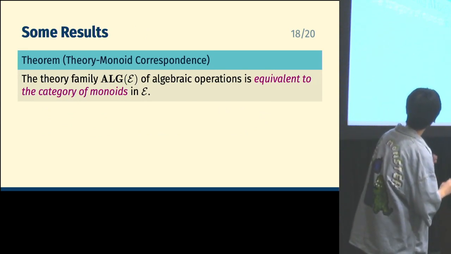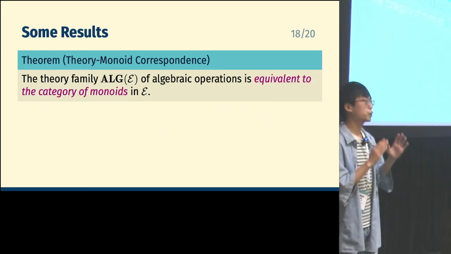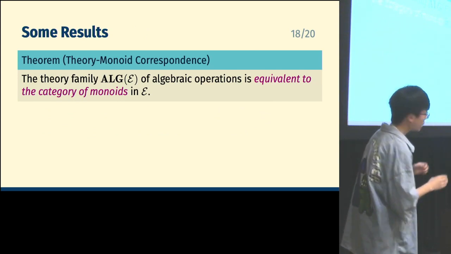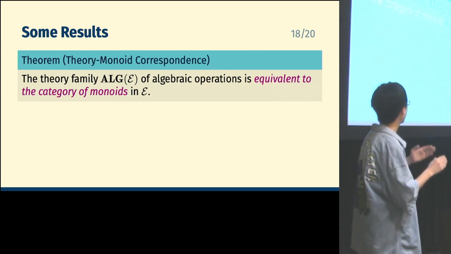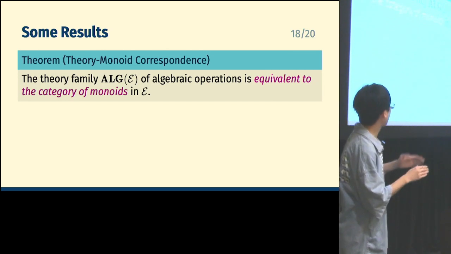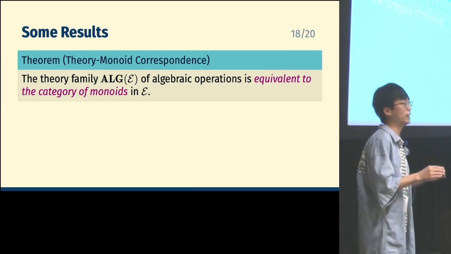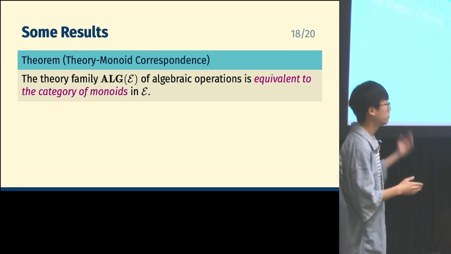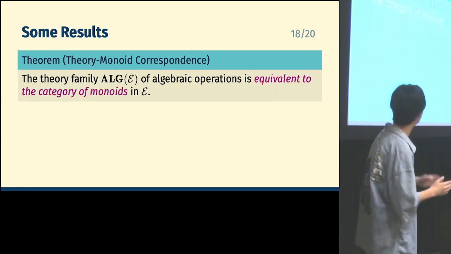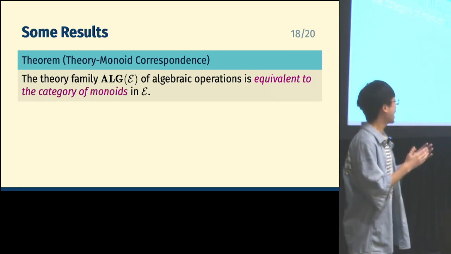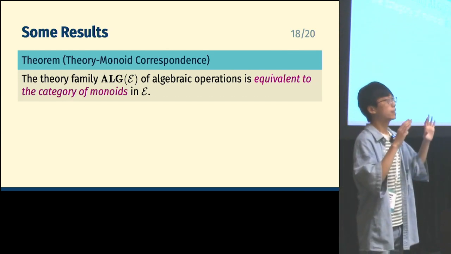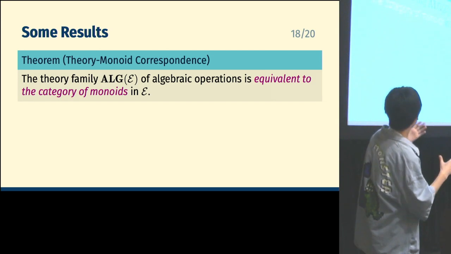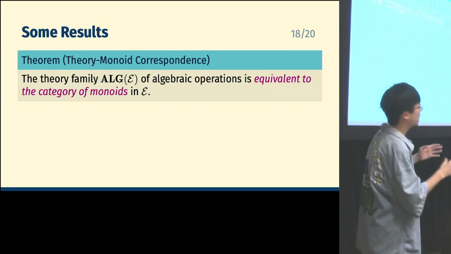And it turns out the theory family of algebraic operations plays an interesting role. So first of all, we can show that the theory family of algebraic operations is equivalent to the category of monoids in the Eilenberg-Moore type theory or monoidal category. So we have generalized the classical monad theory correspondence to an abstract monoid theory correspondence.